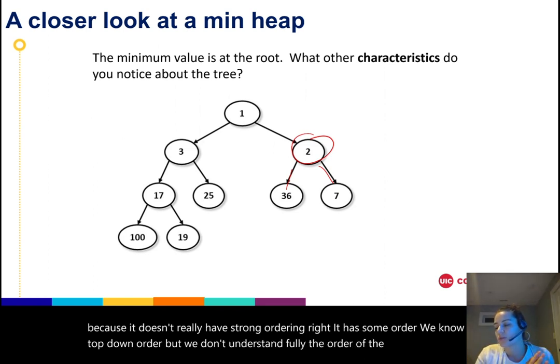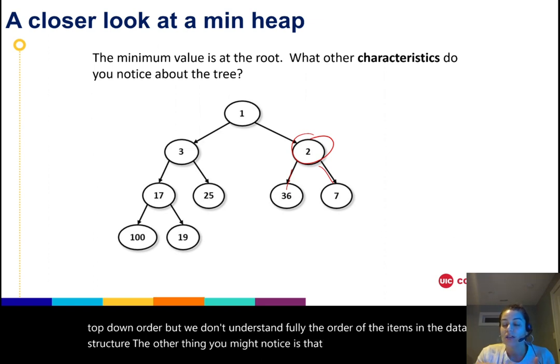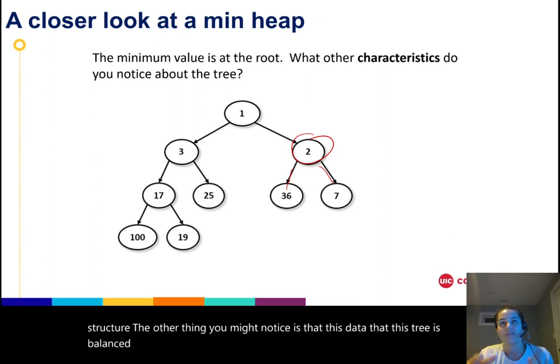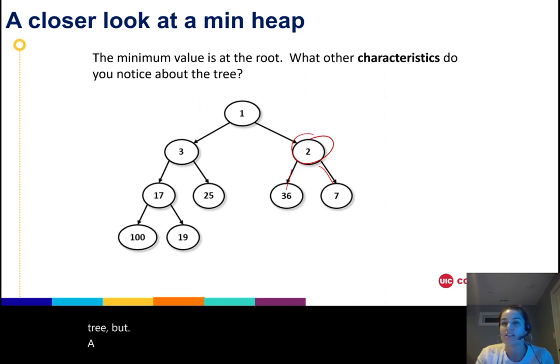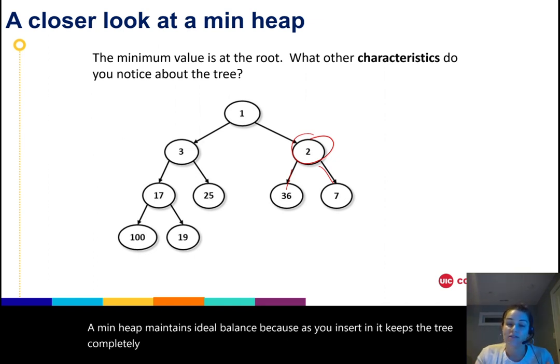data structure. The other thing you might notice is that this tree is balanced, and it's not obvious when you just look at one example of a tree, but a min heap maintains ideal balance because as you insert into it, it keeps the tree completely full. So it doesn't add leaf nodes until the whole level is filled.